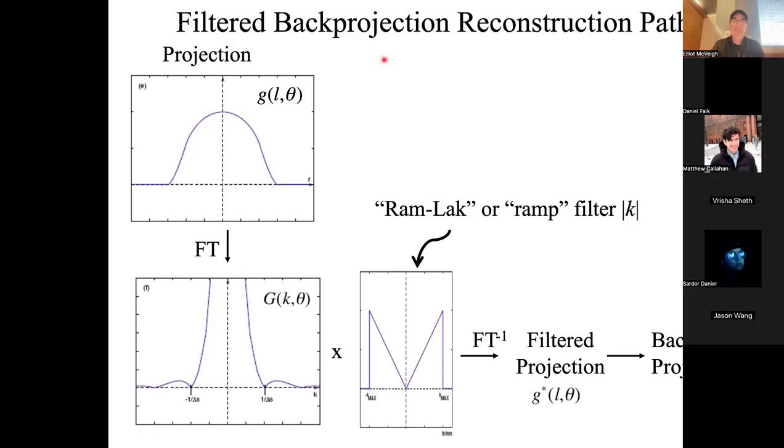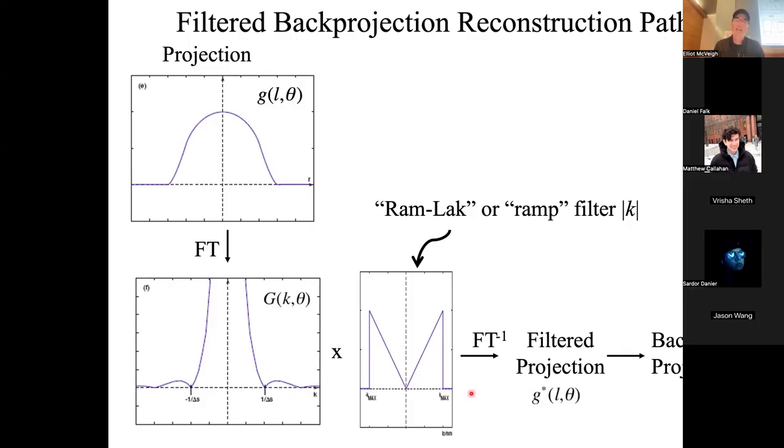And if this is our original GL theta, we took its Fourier transform, we get to GK theta over here, right? So this is our data. We've provided all of this, right? This is the absolute value of K. Over here, it's a function that looks like this. It just goes up. And then eventually, we're going to run out of spatial frequencies to reconstruct, and so it just windows down.